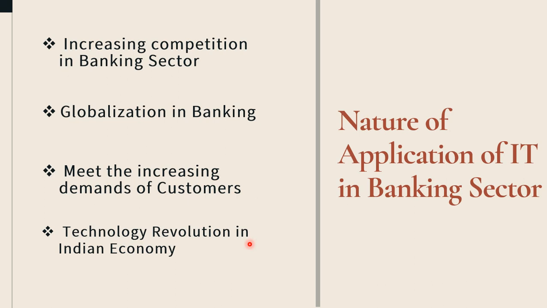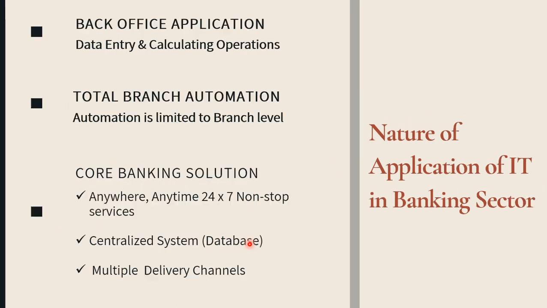These are a few points which also explain the nature of application of information technology. Apart from that, in the next slide, we can see some of the types of application of information technology. The first type of application of information technology is back office application.